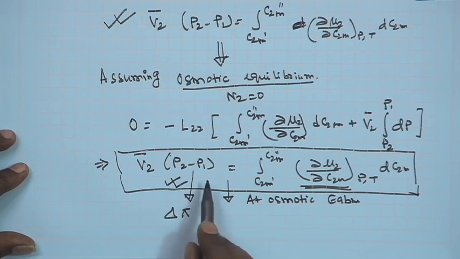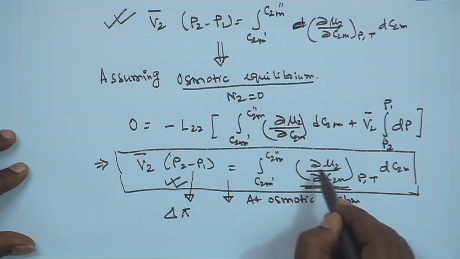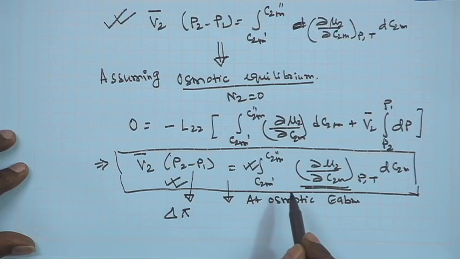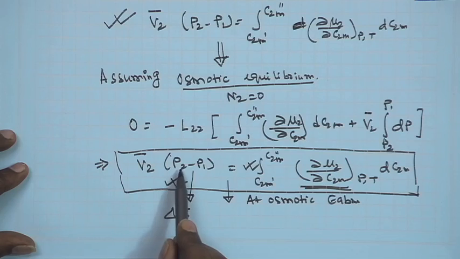Since we are evaluating this term at the equilibrium condition, P2 minus P1 will be nothing but the osmotic pressure difference across the membrane.